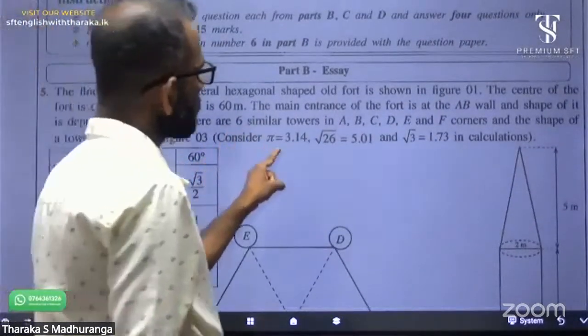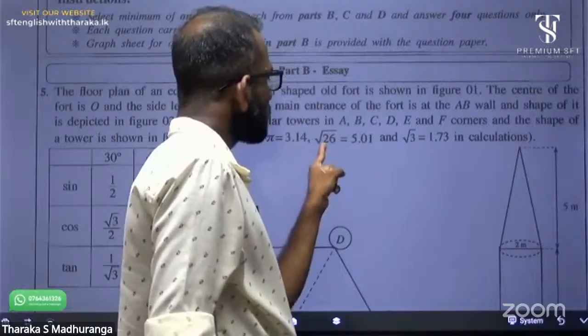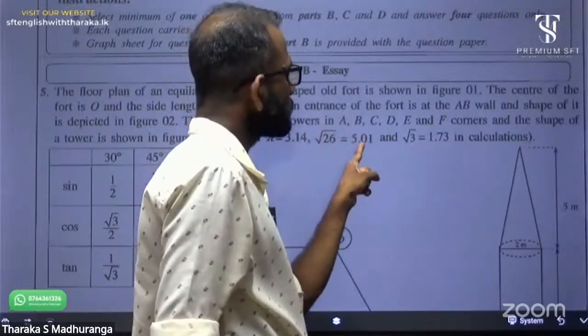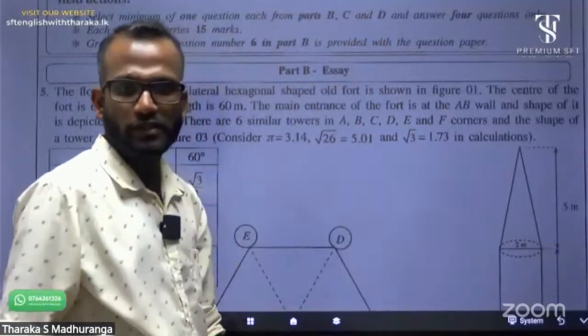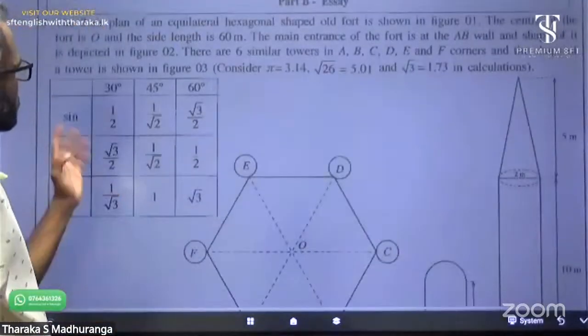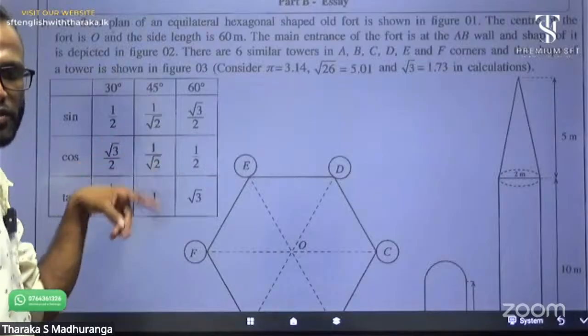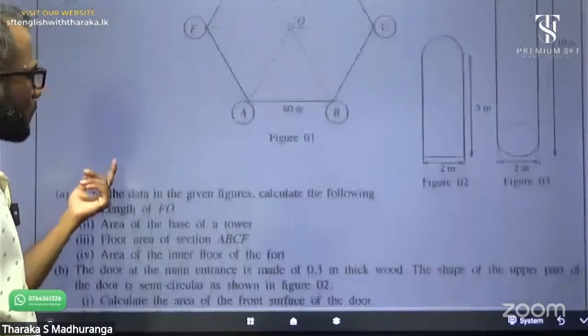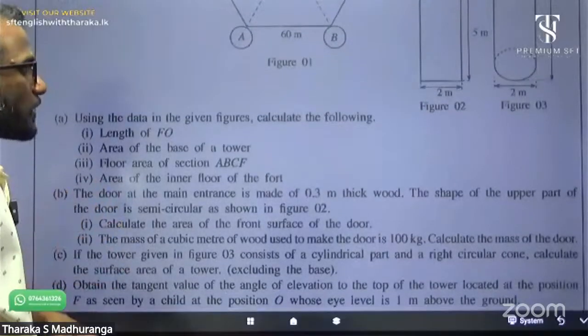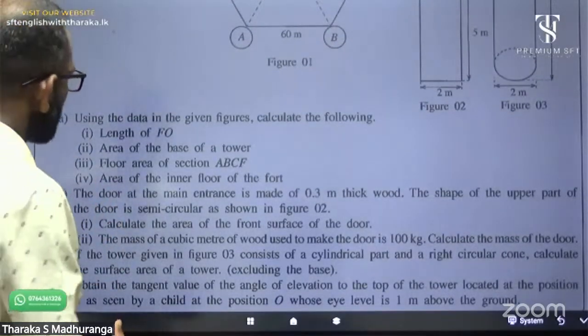Consider pi equal to 3.14, root 26 equal to 5.01 and root 3 equal to 1.73 in calculations. And the sine, cos, tan basic ratios are given. Sine 30, cos 30, everything given. Using the data in the given figures, calculate the following.